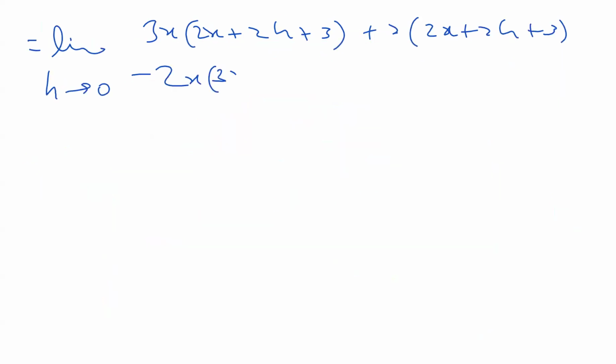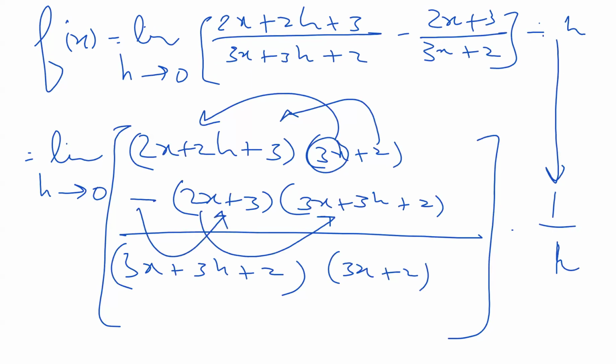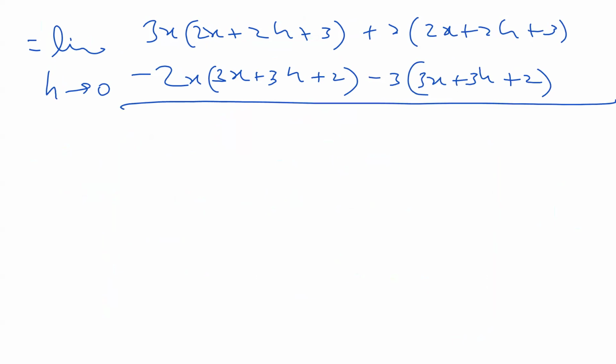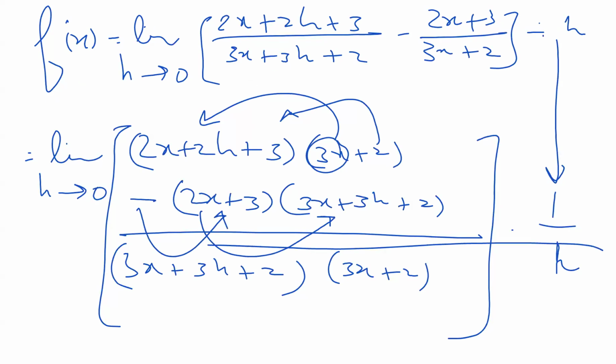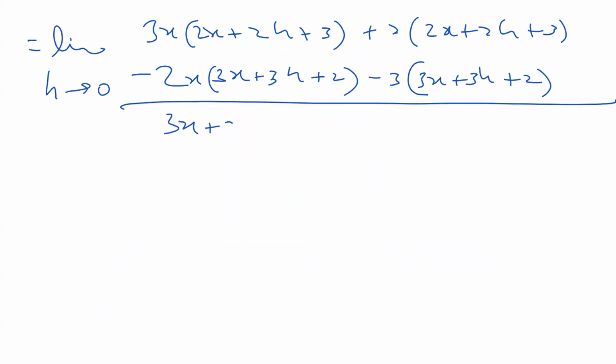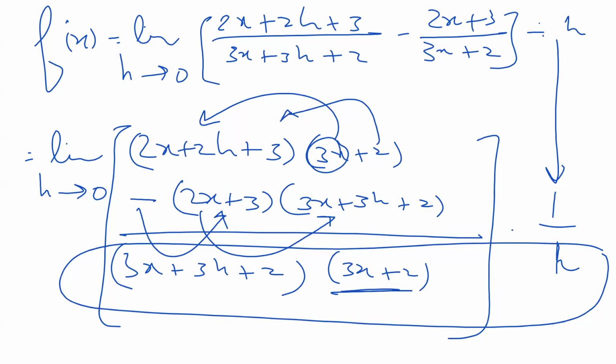So minus 2x, 3x plus 3h plus 2. Okay. Now minus into plus is minus, minus 3, 3x plus 3h plus 2 upon these three terms, 3x plus 3h plus 2, okay, into 3x plus 2.